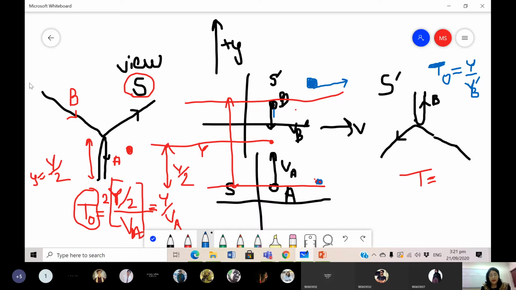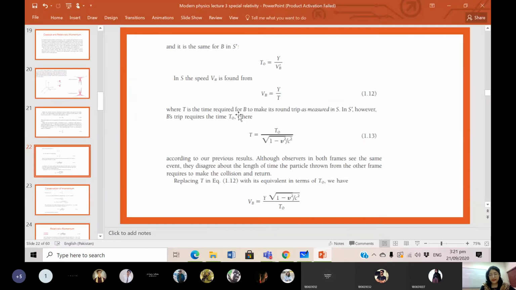Because B is moving like this and like this as seen from an observer who is in S frame. So उस case में time dilation होगी.